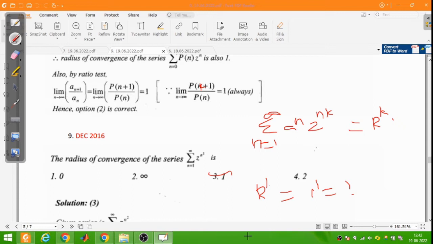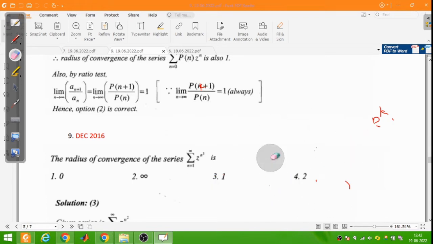In my example, I didn't remember this formula, and some other a n is there. How to find it? From 1 to 8, you have to remember all the problems. It is easy to answer this problem.